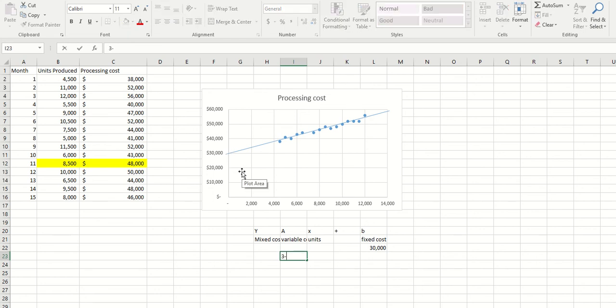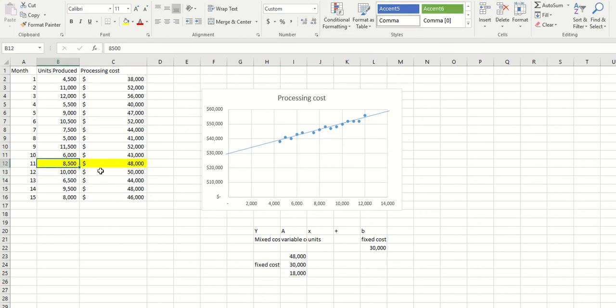So 48,000 is where the highest point is, minus the 30,000 estimate fixed cost. The highest point on the y-axis is the 48,000. We could get the difference of those, and so it is increasing by 18,000. If I went up here, it went up 18,000, and it's going over 8,500 units.